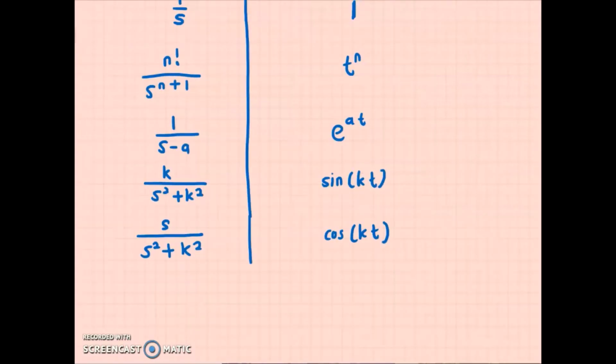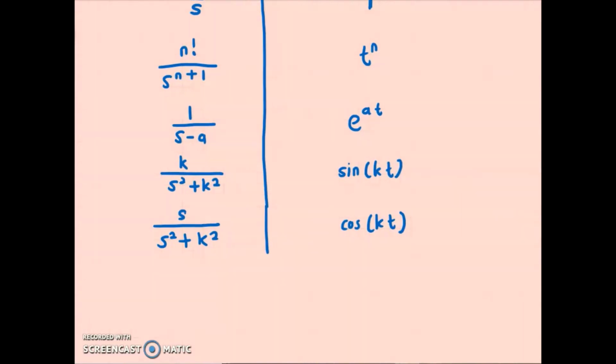Then we have the combination, such as e^(at) sin kt, whose Laplace transform is k over (s minus a) squared plus k squared.